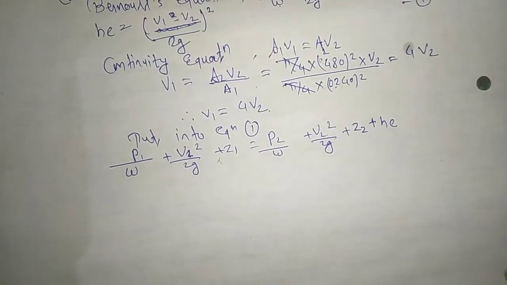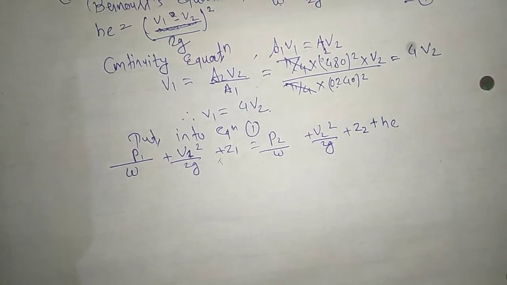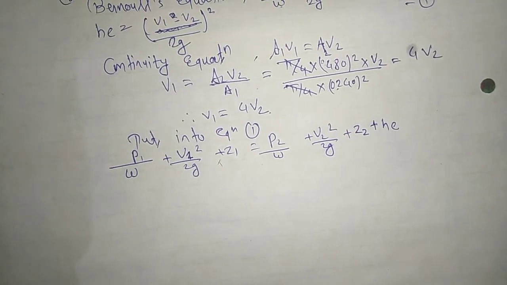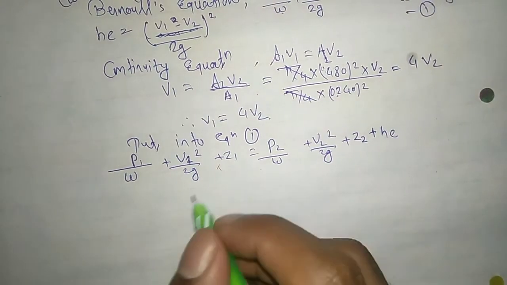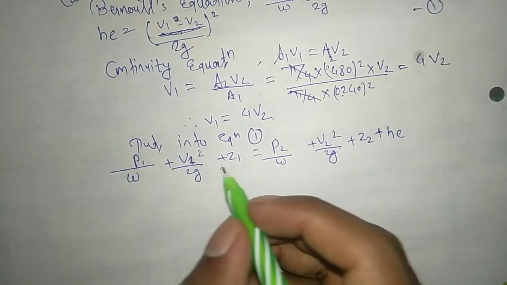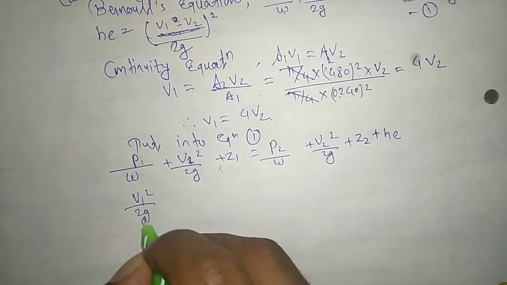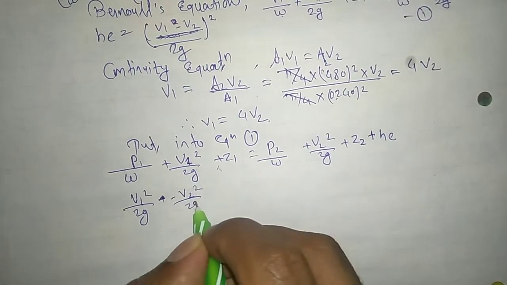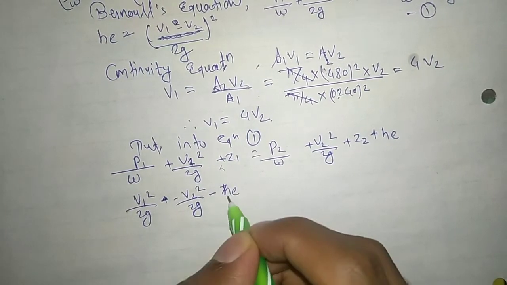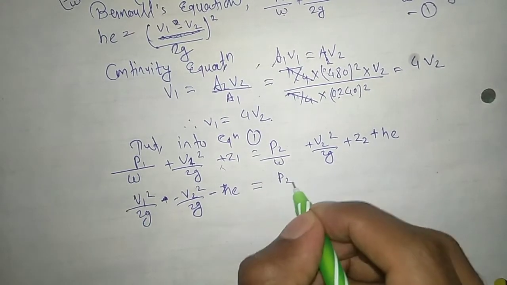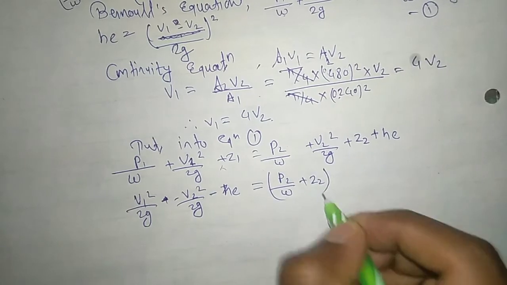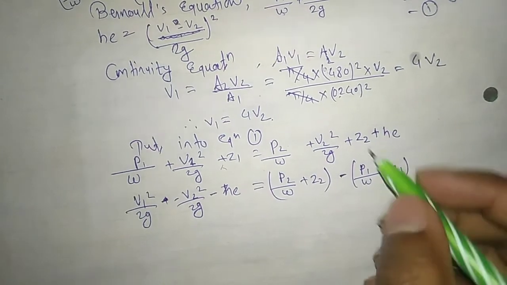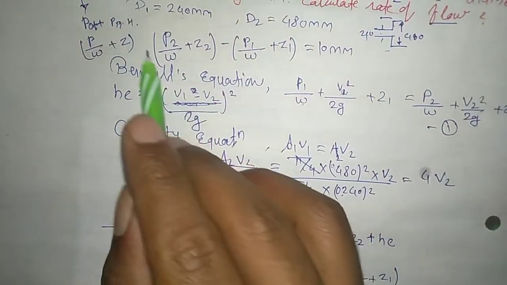Now you can interchange their positions. So V1 square by 2G minus V2 square by 2G minus HE equals (P2 by W plus Z2) minus (P1 by W plus Z1).